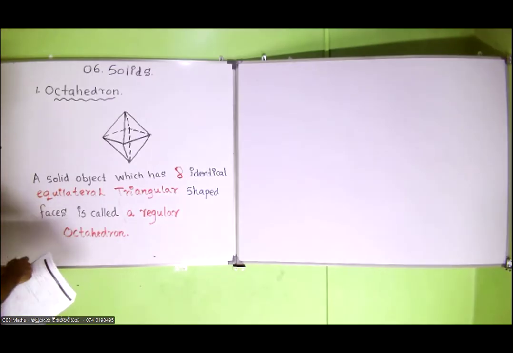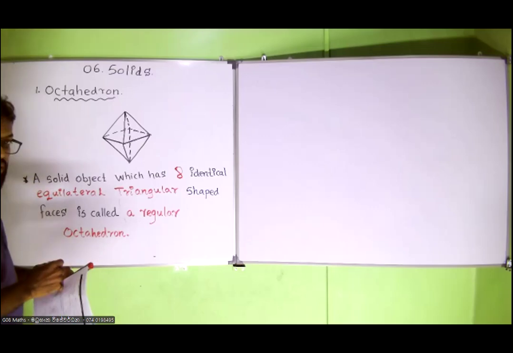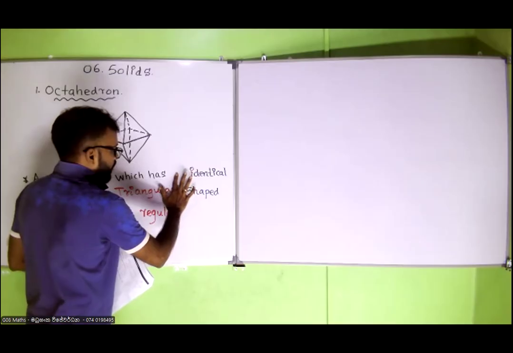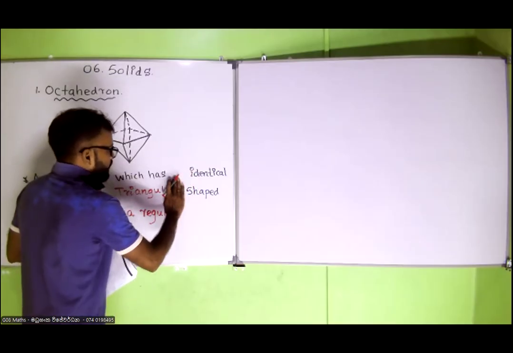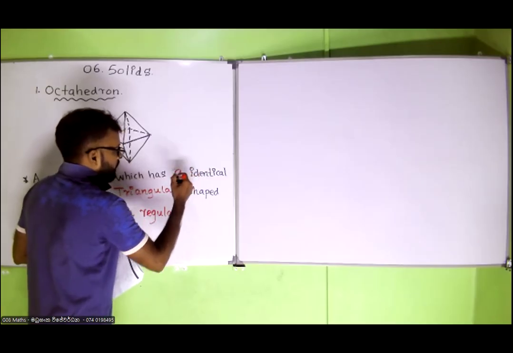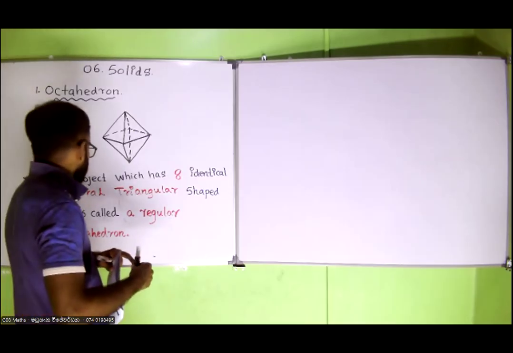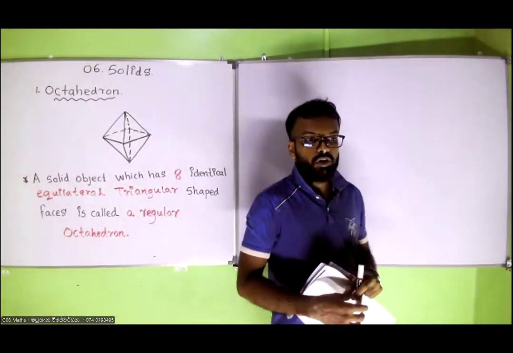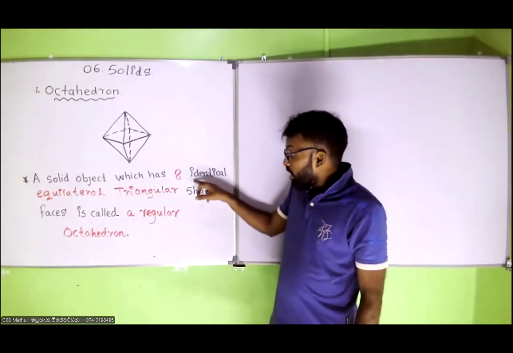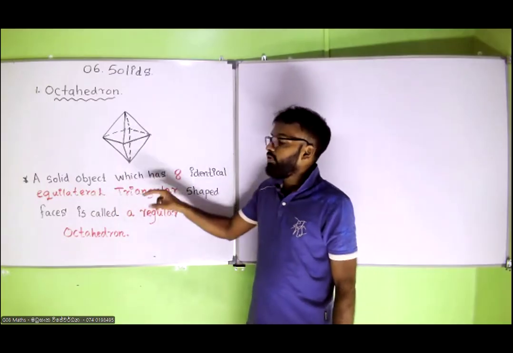Now this is the thing that you need to remember. Here you have 8. A solid object which has 8 identical equilateral triangular shaped faces.